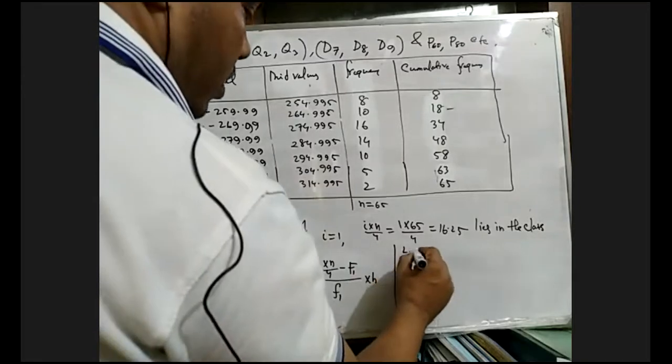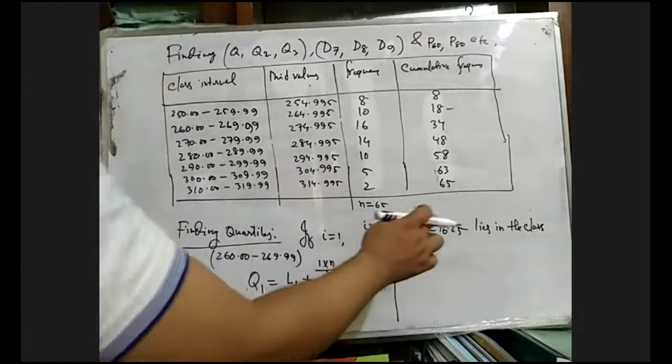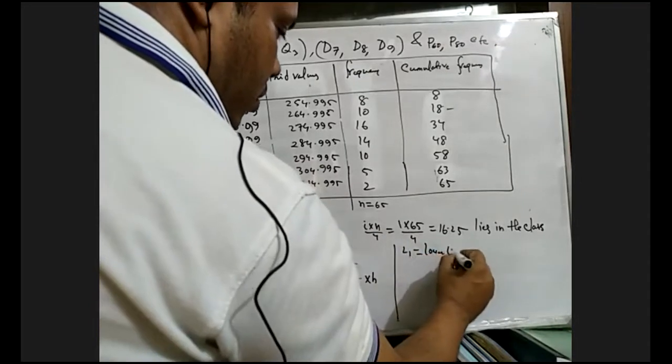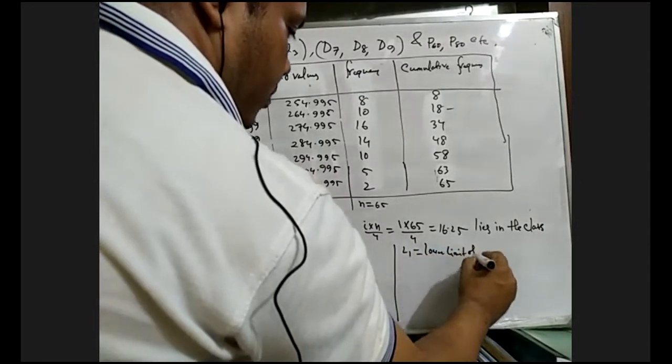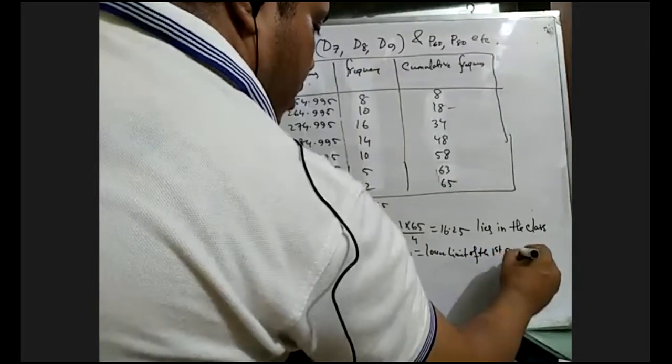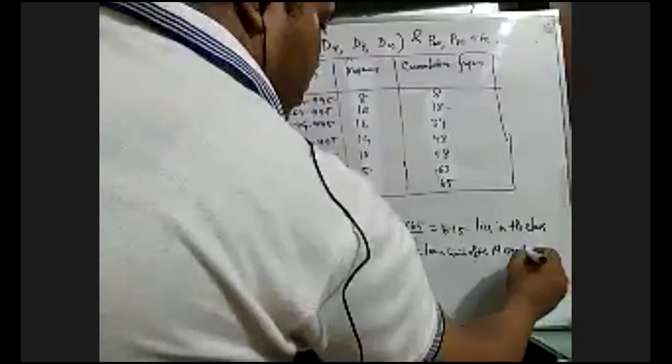L1 means the lower limit of the first quartile class.